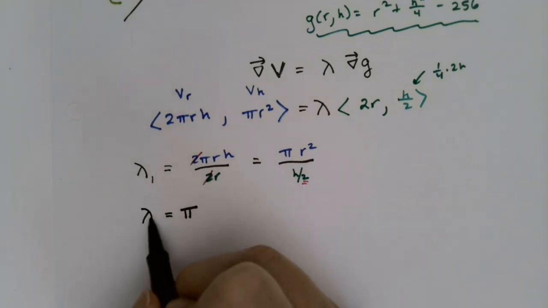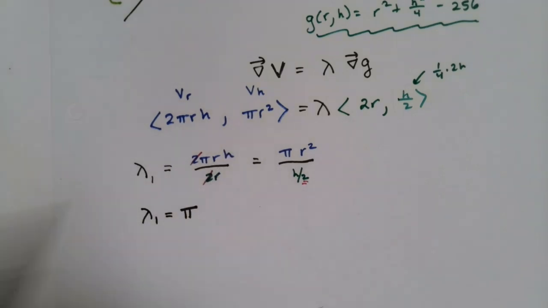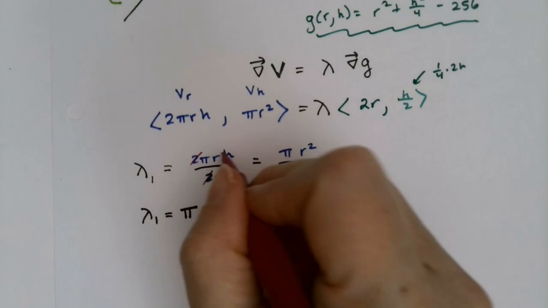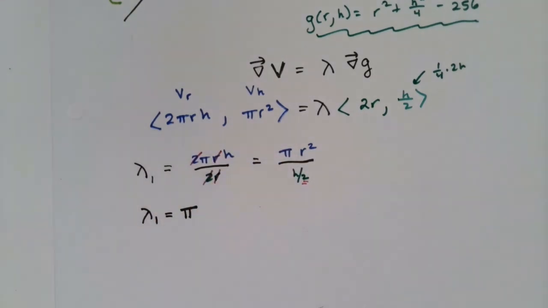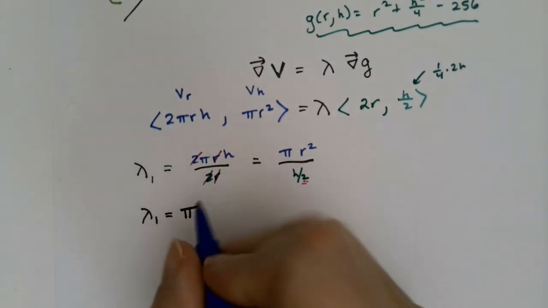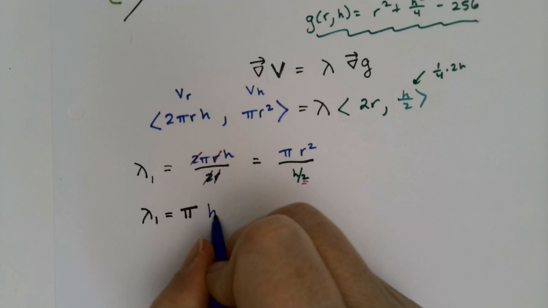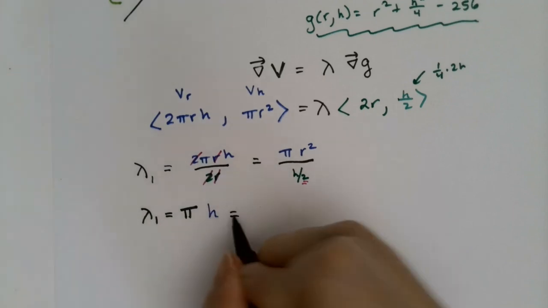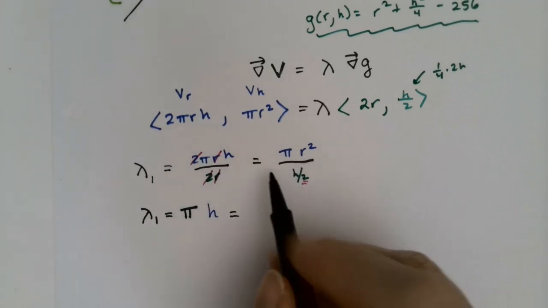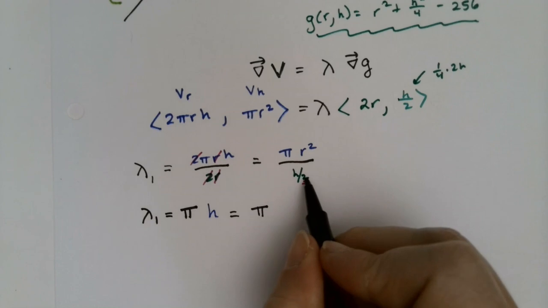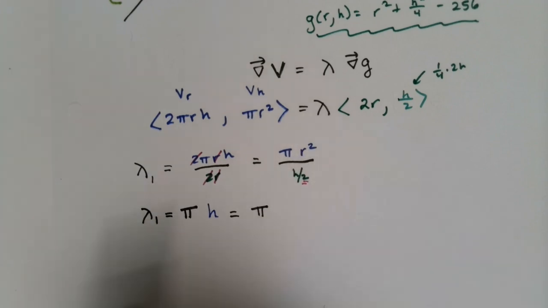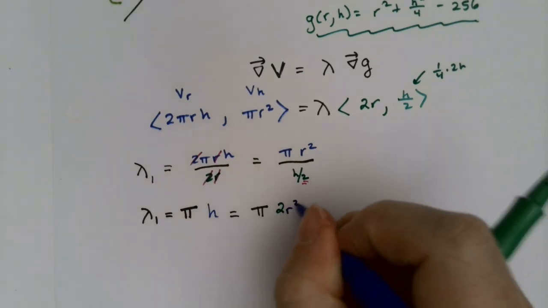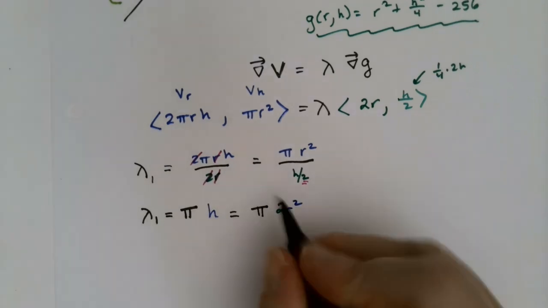So lambda 1 is equal to pi times, and then, oh, the r's are going to go away here as well. So that's done. And then it's h. And that's equal to, and then over here it's going to become pi, and then that 2 is going to come up on top, and it'll be 2r squared. So the 2 comes from that. The r squared is in the numerator already, and it's divided by h.